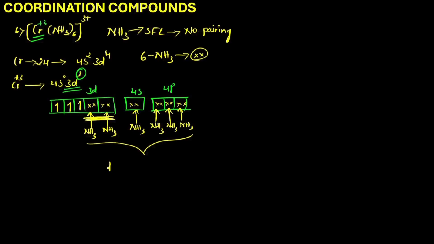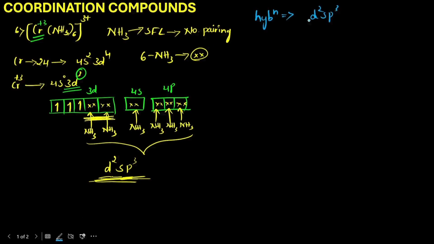That is 2 d orbitals, 1 s orbital and 3 p orbitals. They are hybridized to give d2sp3 hybridization. What is the hybridization? That is d2sp3.